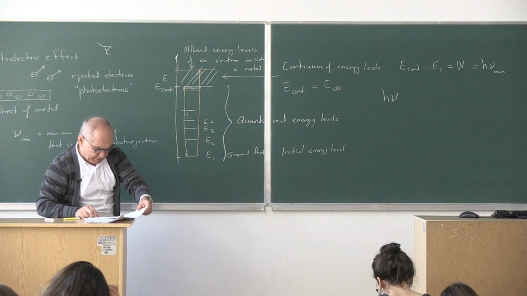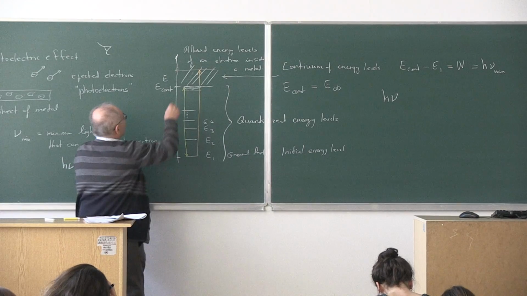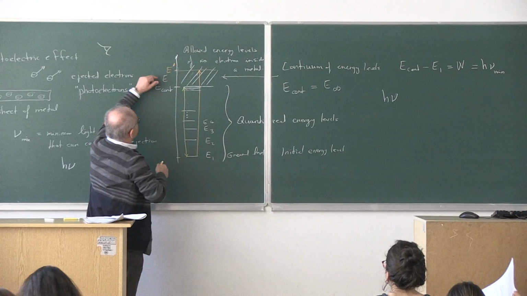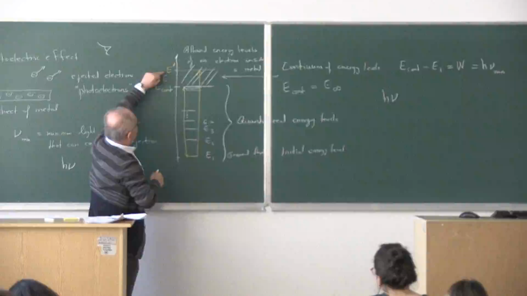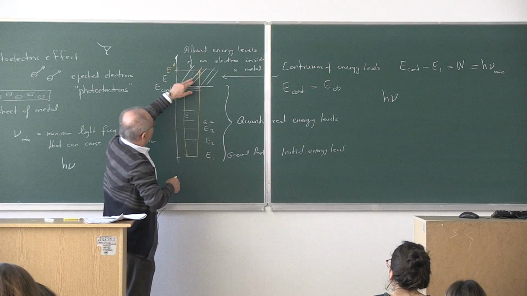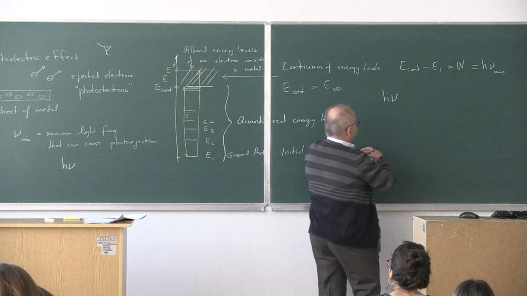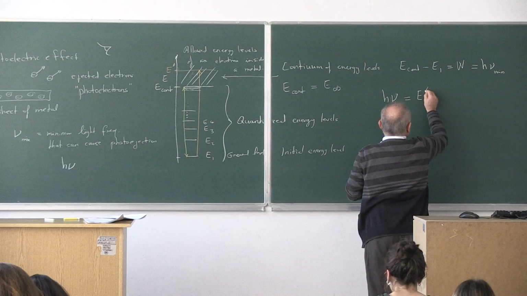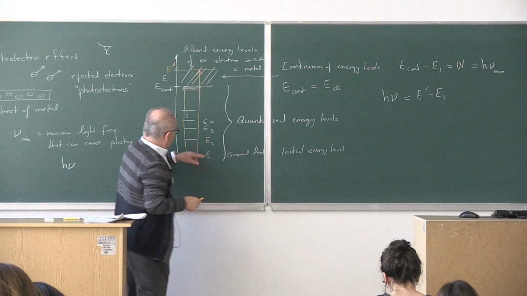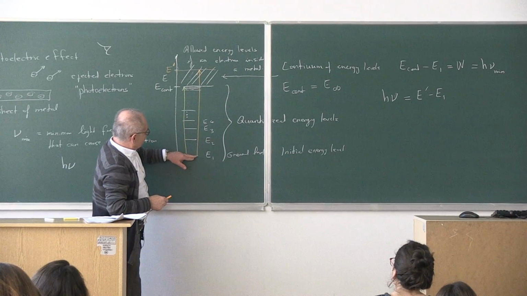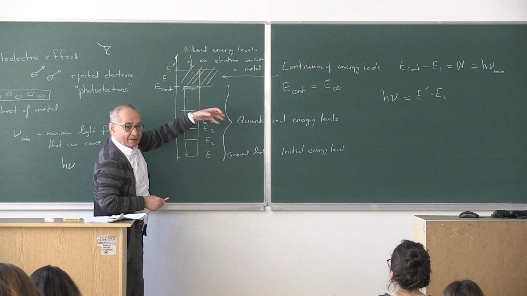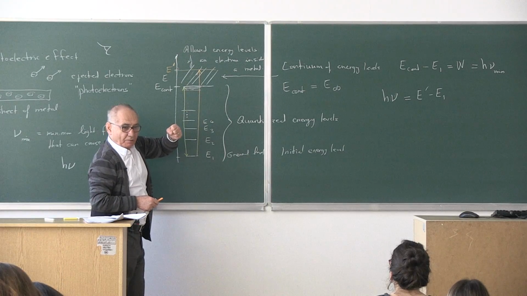Which symbol did I use for it? E prime. E prime has a larger value than E continuum, as this diagram shows you. If the photon energy is that much, which is equal to E prime minus E1, the electron will make a transition from this level to that level when it absorbs the photon with that frequency.